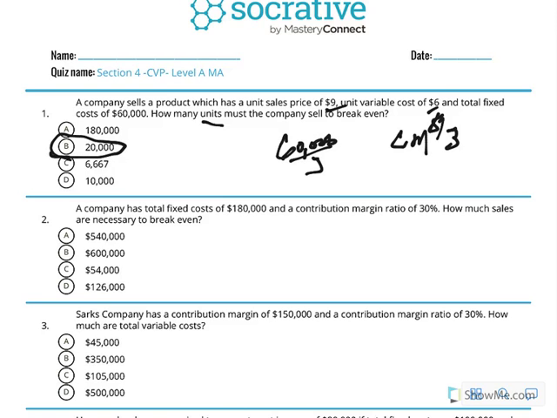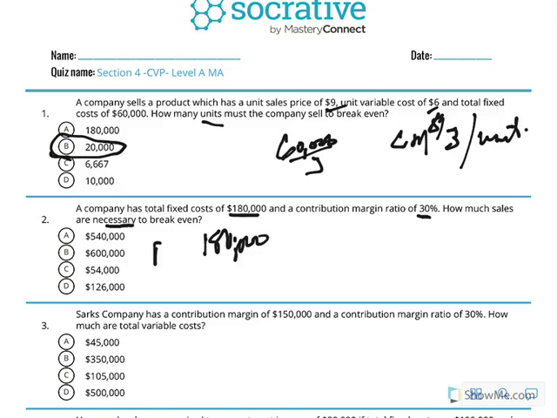A company has total fixed cost of 180 and a contribution margin of 30%. How much in sales do they need to break even? So if I want total sales dollars, I use contribution margin ratio. If I want units up here, I use the contribution margin per unit. So here we have then fixed costs of 180,000.